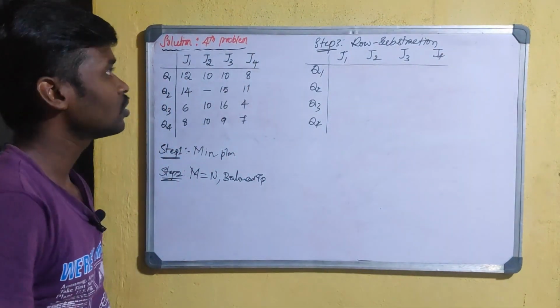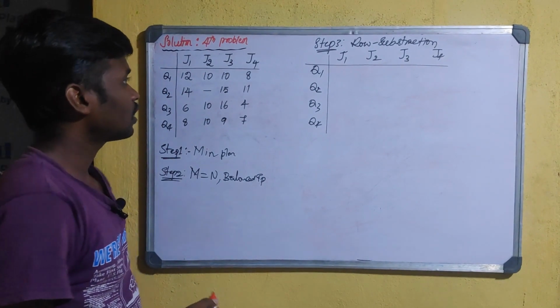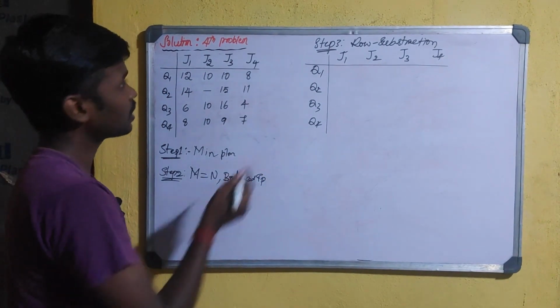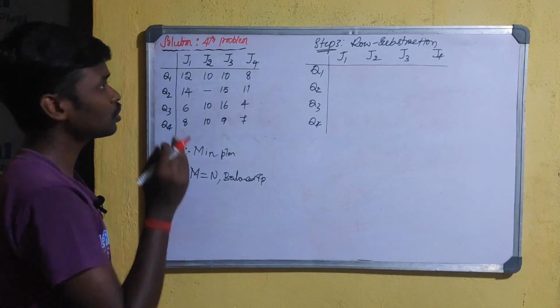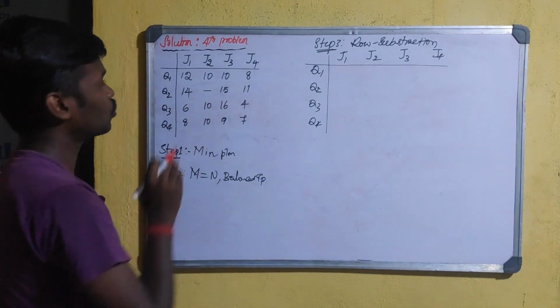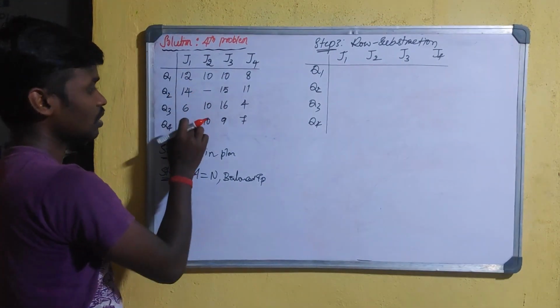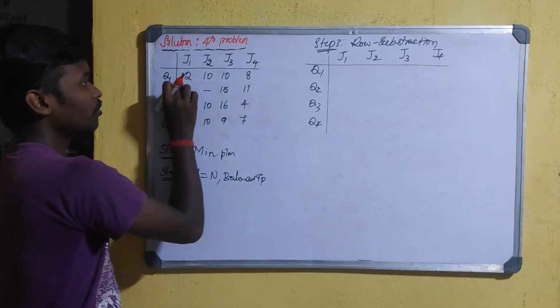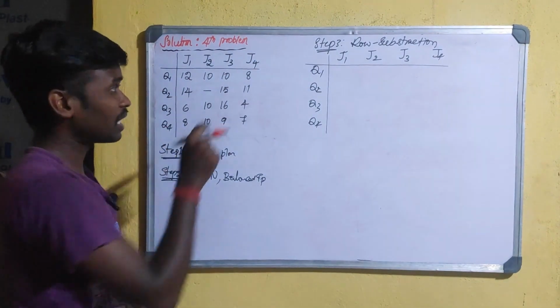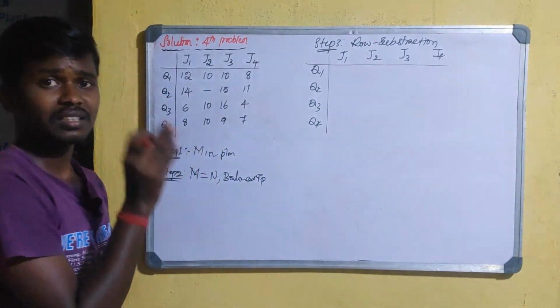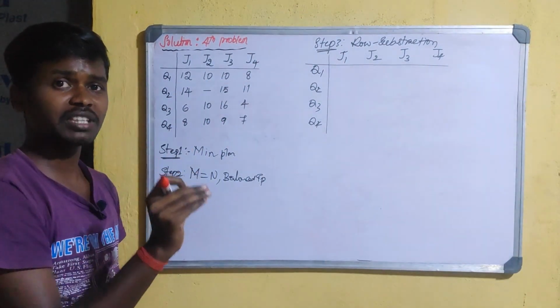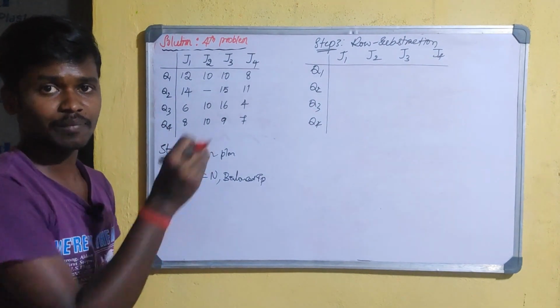See, we have to calculate the total time based on row subtraction. So in order to calculate the total value, we have to see the matrix. There are 4 rows. So we have to select the least number in each row and subtract the same least number from the other alternative numbers given in each row.